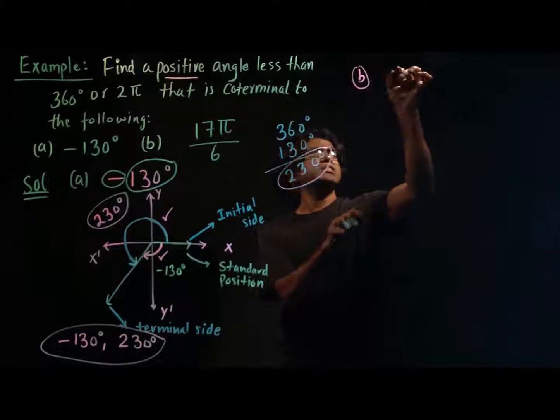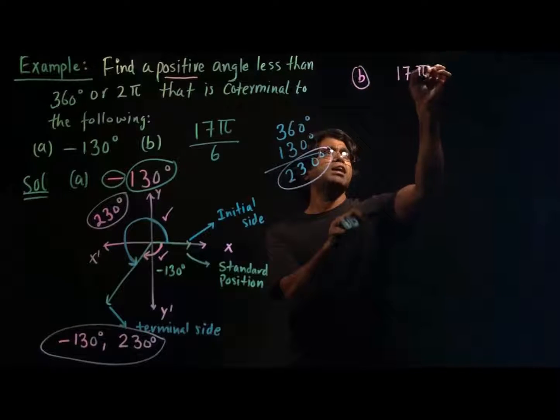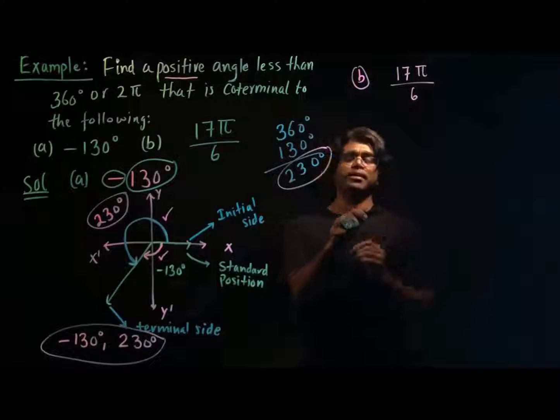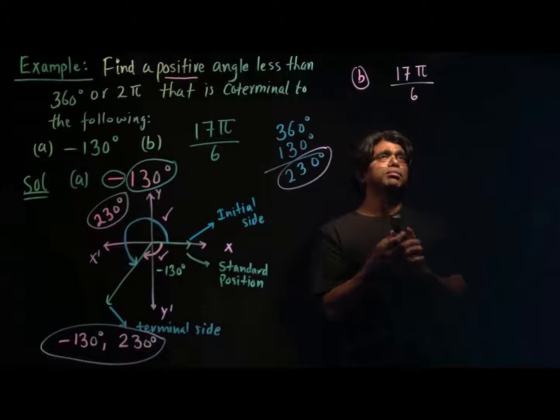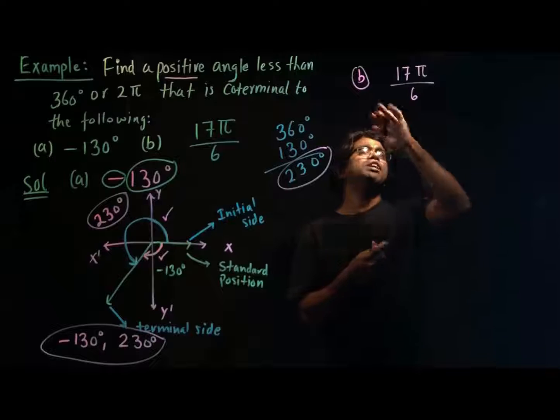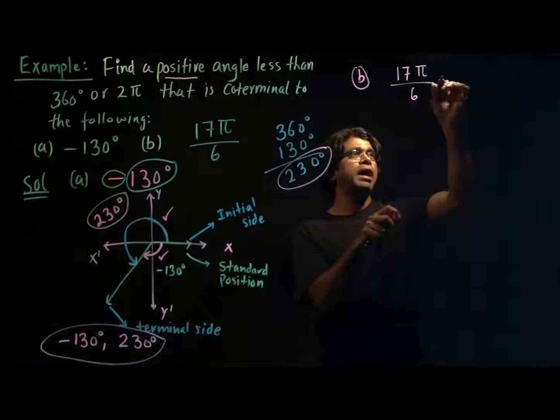Our part B angle is 17 pi over 6. What does that mean? That simply means that we need to separate that in terms of 2 pi.